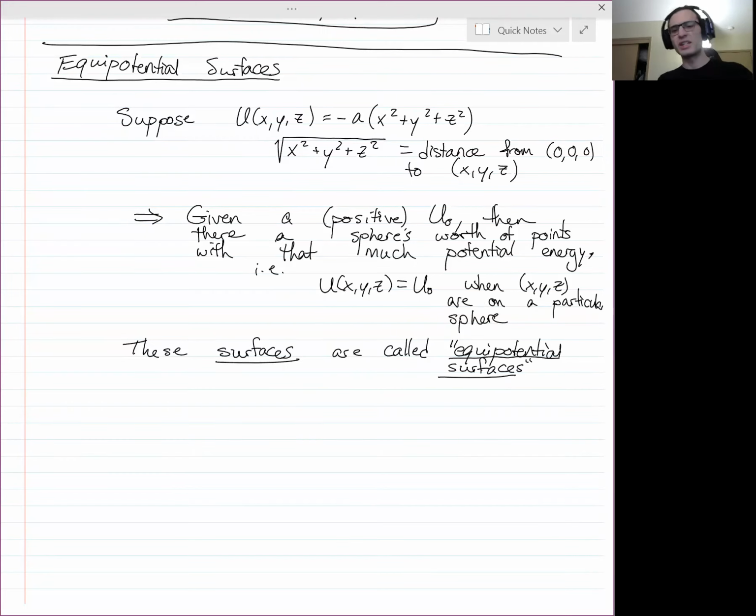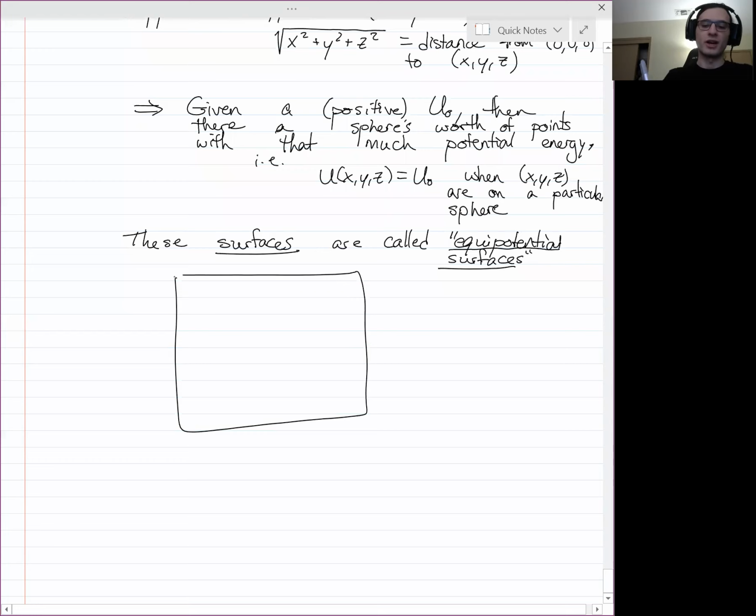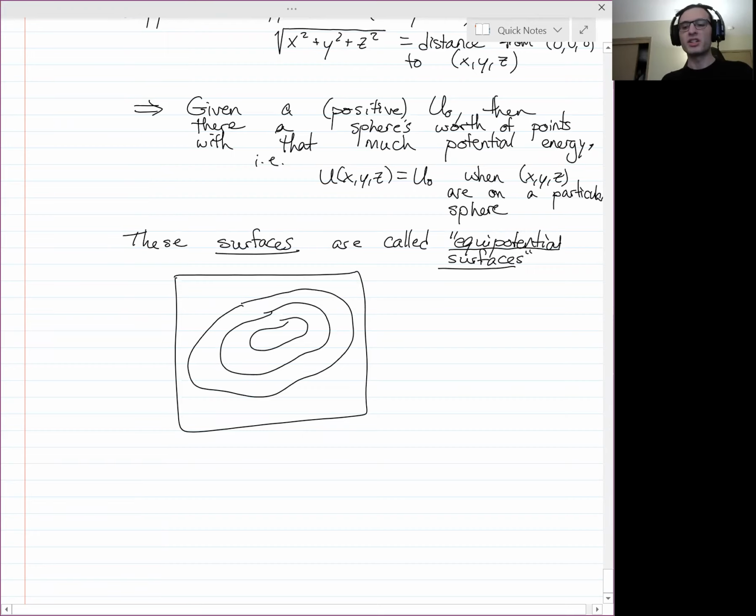So the way to think about this is think of like if you guys have seen topographic maps that look something like, you know, you have a squiggly line and then another squiggly line that tell you like the height of a mountain or something. That's kind of what these are. On a topographic map, these lines are all lines of constant height, right? And an equipotential surface is a surface of constant height or potential energy.